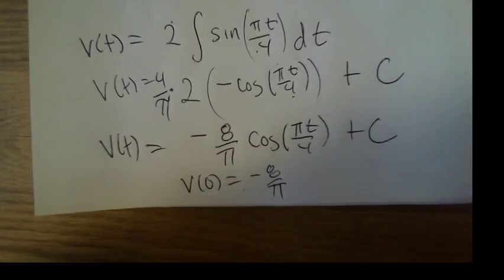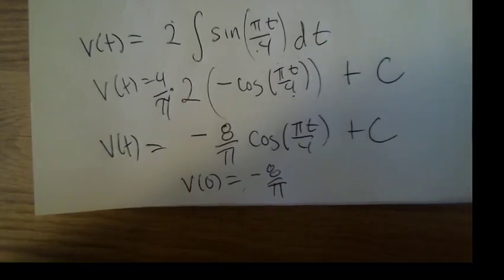Well, what would you like me to explain, Gursimrit? The minus, well, it's just positive 4 over pi, and that comes from this in here.